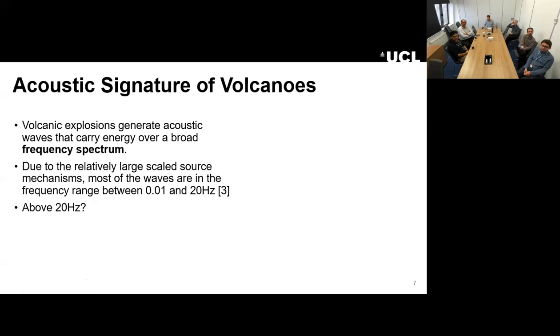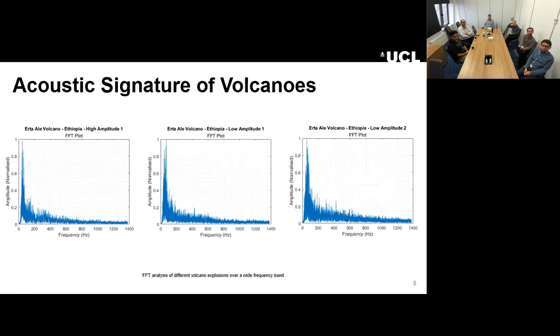What about above 20 hertz? Then I did some FFT analysis in MATLAB using explosion sounds that I found on the internet from different volcanoes. I applied a broad range of FFT to see the frequency, the power, in the signal.